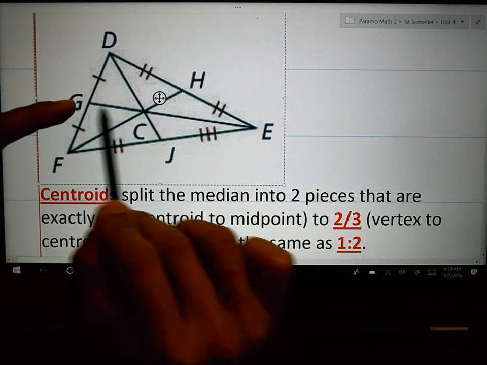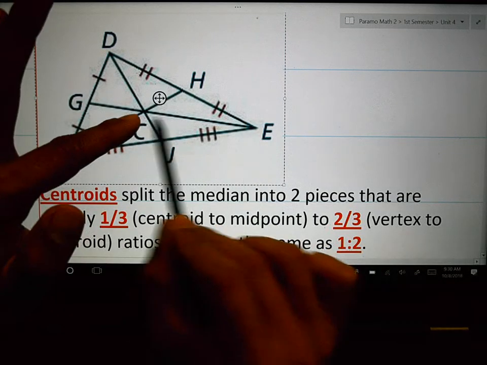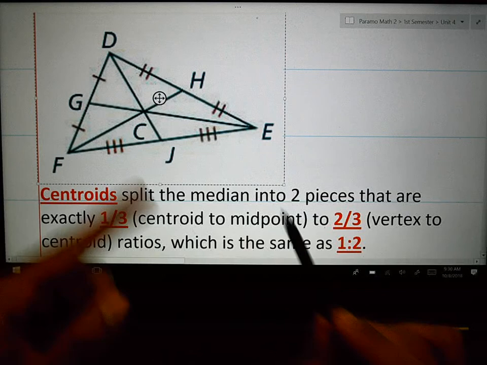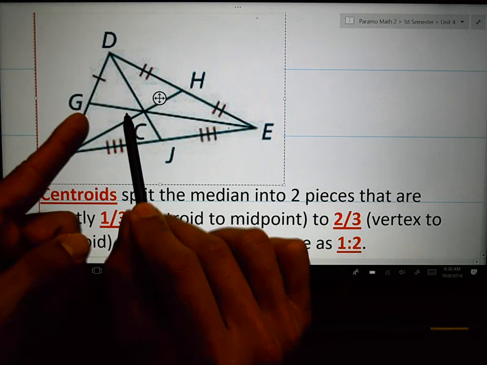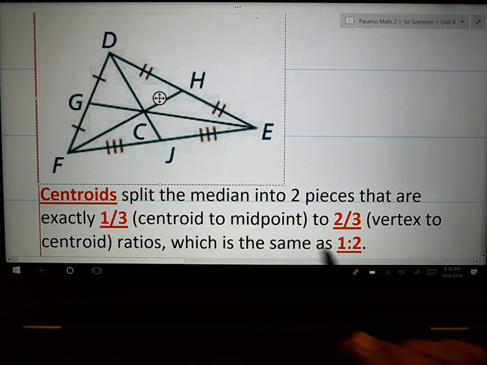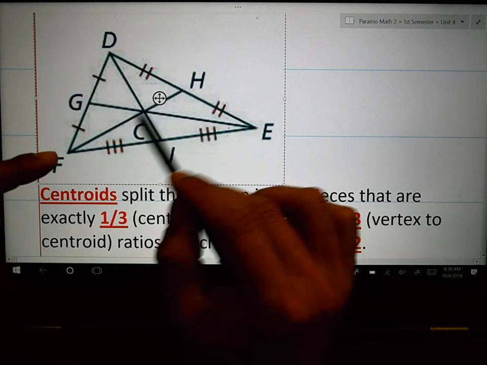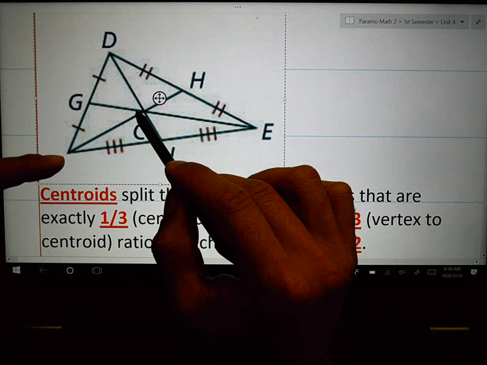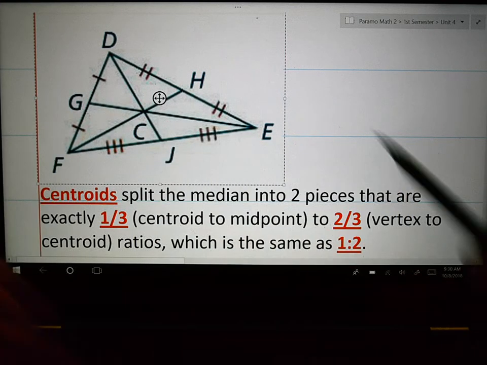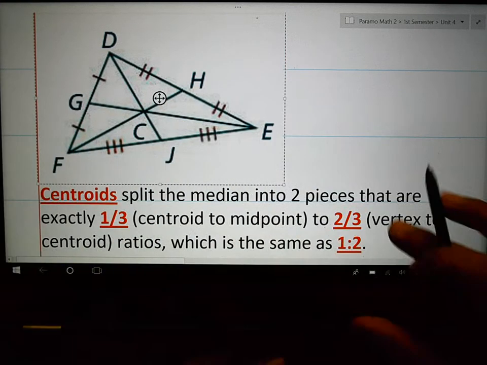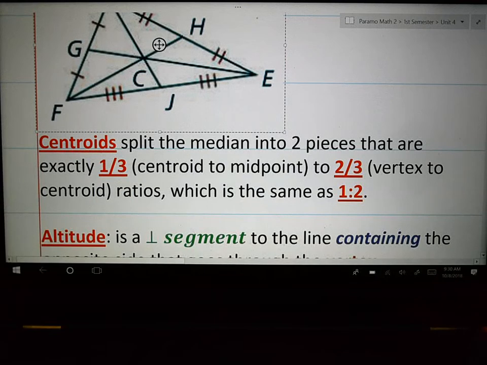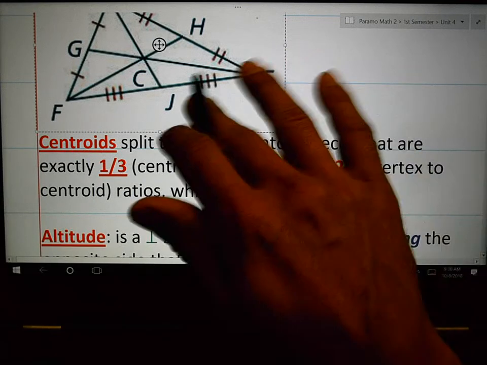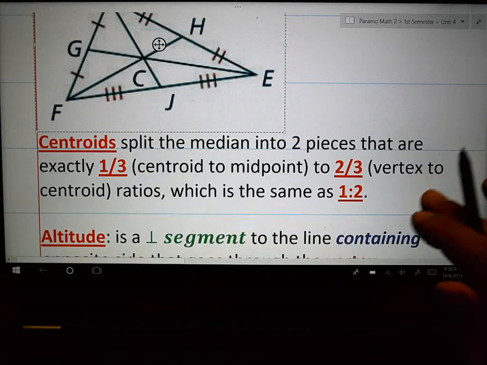This is 1/3 of the whole thing. This is 2/3 of the whole thing. This is twice as big as this. It's 1 to 2, 1 part to 2 parts, or 2/3 of the whole thing and 1/3 of the whole thing. We can do a bunch of problems that deal with that with a centroid. That's what we're going to do the math with.